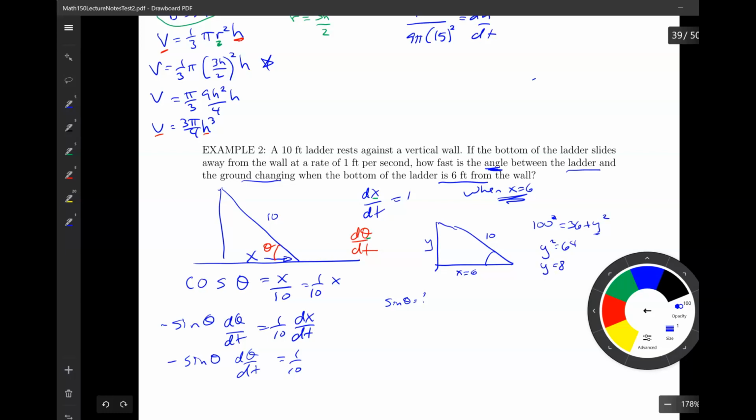Good old Pythagorean theorem. Then sine of theta from my triangle is y over 10, and y is 8, so I get 8 over 10 for sine of theta. So d theta over dt is equal to -1/8.